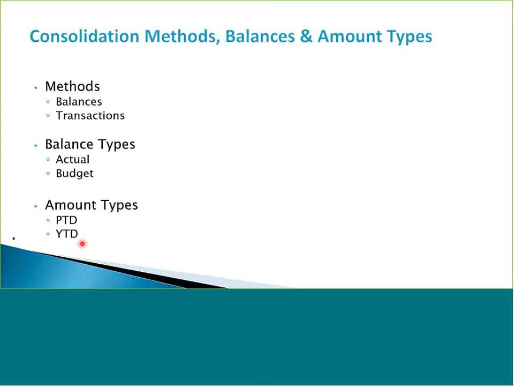For the consolidation methods, when you're doing data transfer, if you do balances, then it means that for the information coming from the source ledger or the subsidiary, only balances will be transferred to the parent ledger. As we already know by now, these balances come from the journals that we post.